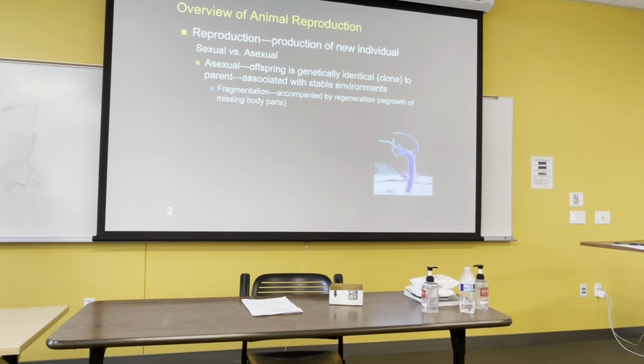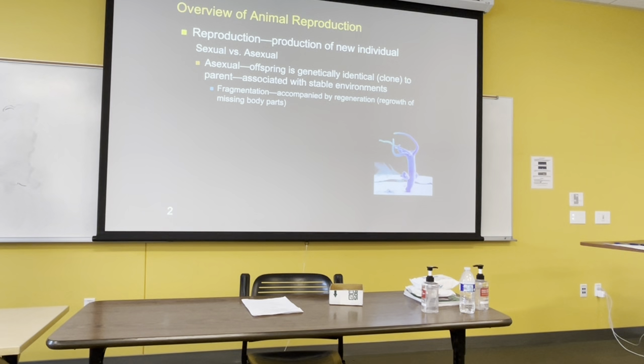Over the course of 3 or 4 weeks, usually the head would grow a new tail. Sometimes the tail would grow a new head, and so they just come back together. Earthworms can do that too. Starfish are also capable of regenerating. These are some of the phyla, the groups that we talked about, in which fragmentation is a possibility.